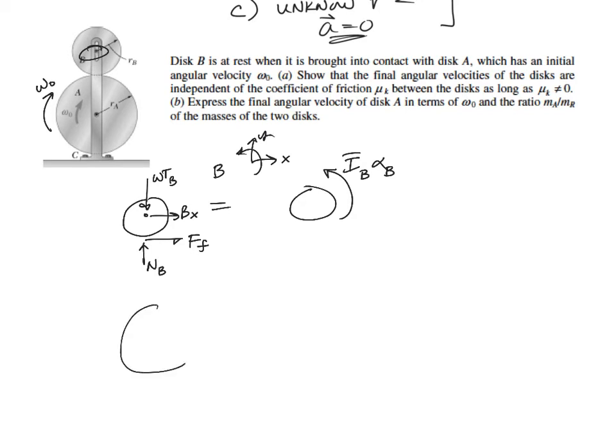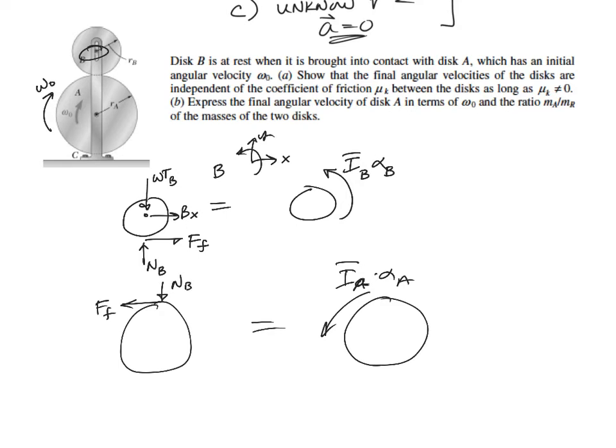For disk A, I'm going to do it right underneath it. It's a little bit bigger. Obviously, this is going to have an I bar A, alpha A. We've got acting opposite force of friction. I've got NB.